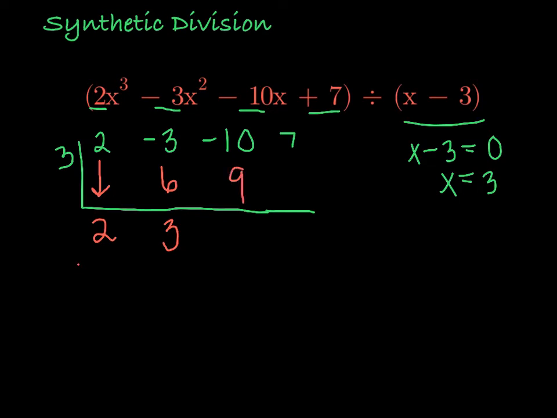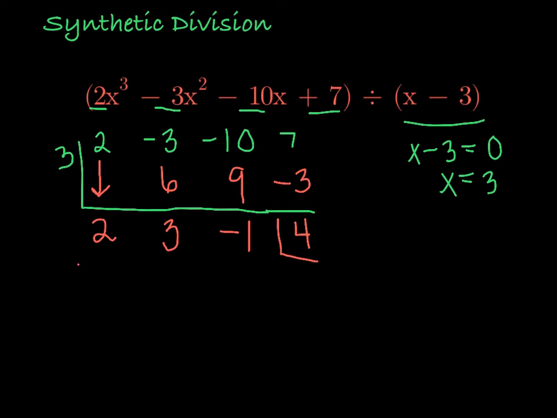Then we add negative 10 and 9, so we get negative 1. Multiply again, 3, the outside number, times negative 1, and I get negative 3. Then again, add 7 and negative 3, we get 4. The last number that you get will be your remainder. So we have a remainder of 4 in this case.